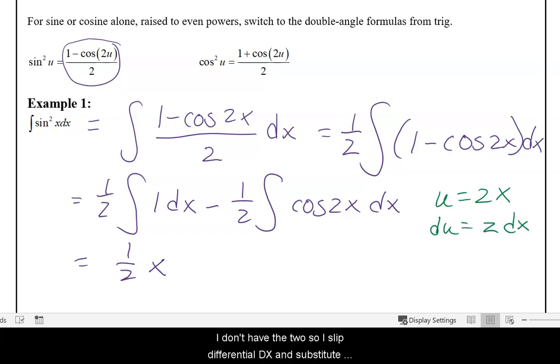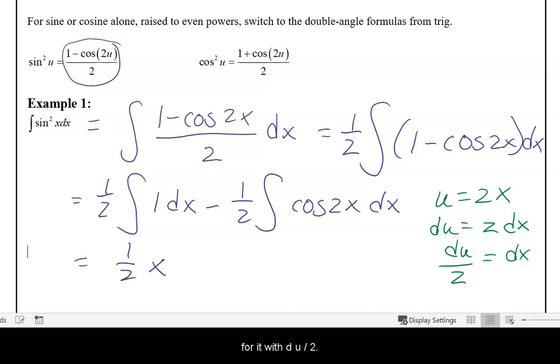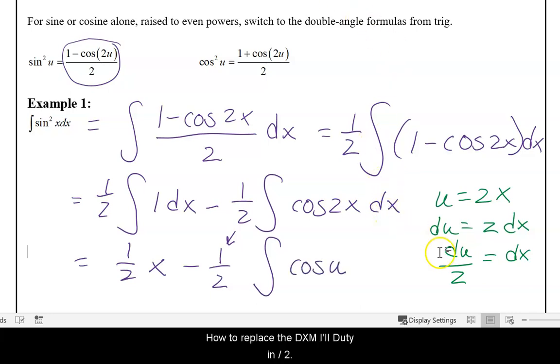I don't have the 2, so I'll isolate the differential dx and substitute for it with du divided by 2. This will then let me write the next integral as minus 1/2, which is that 1/2, times the integral of the cosine of u, and to replace the dx, I'll do du divided by 2.